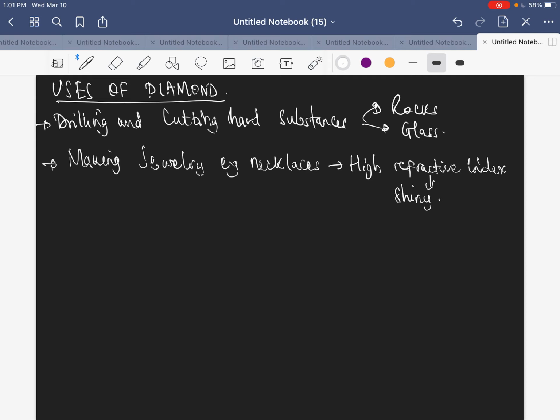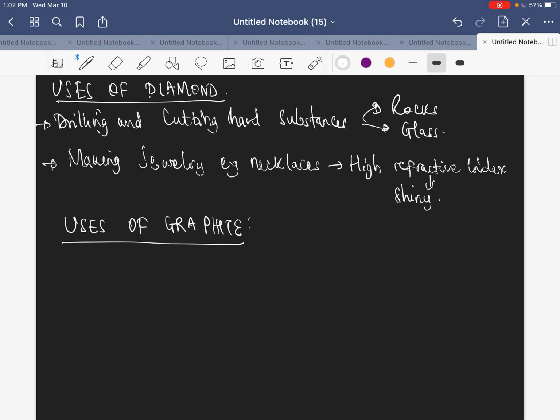Next, what can be the uses of graphite? I believe we can briefly remember the properties of graphite. So if we can remember them, where can we apply graphite?